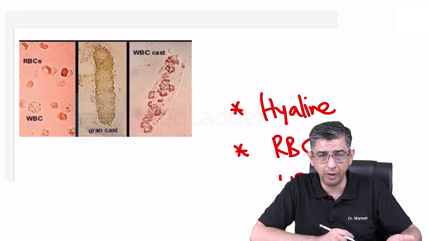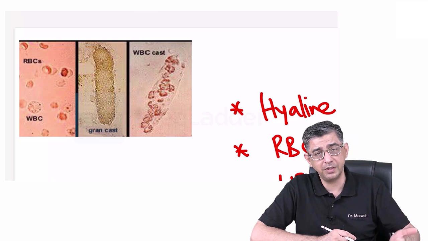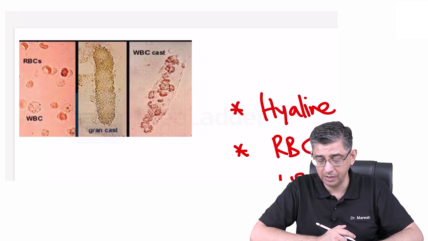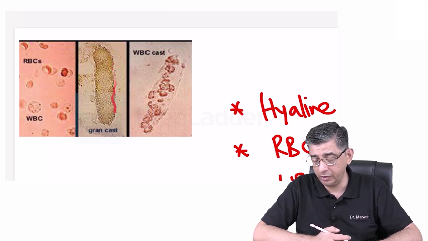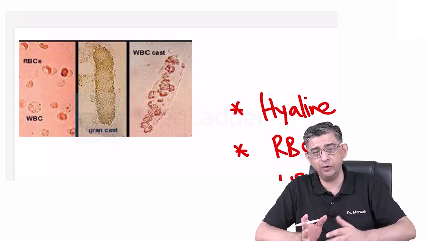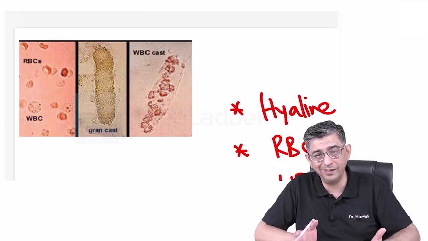Anyway, whenever WBC casts are present, there is infection present, there are dead neutrophils present, there is pus present, so it has to be a relatively untidy appearance. And granular waxy casts, I can just say they're very non-specific. They are found in chronic glomerulonephritis, and chronic glomerulonephritis is the end point of all the various types of glomerulonephritis that you will read in pathology and even in the medicine discussion.